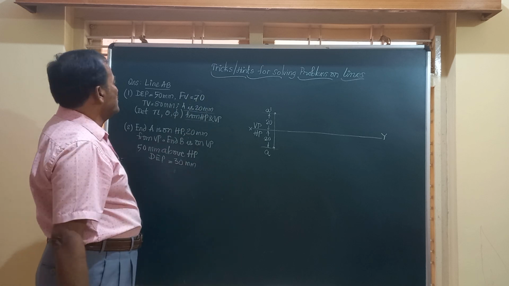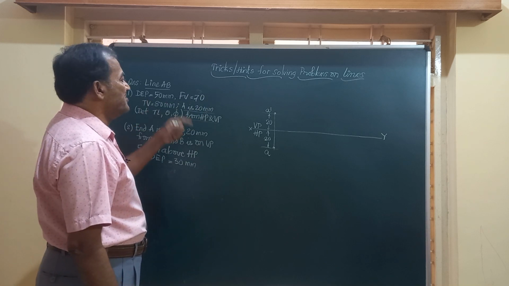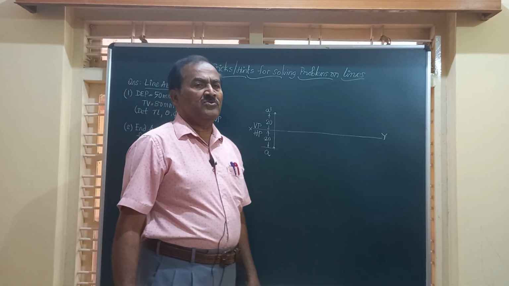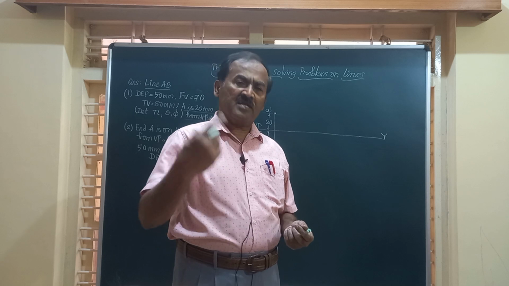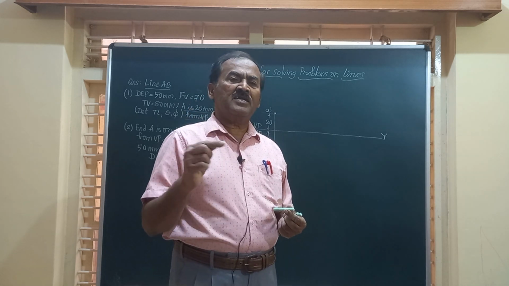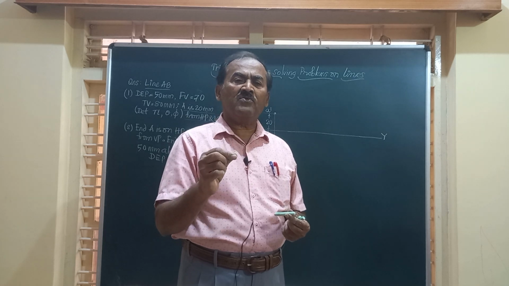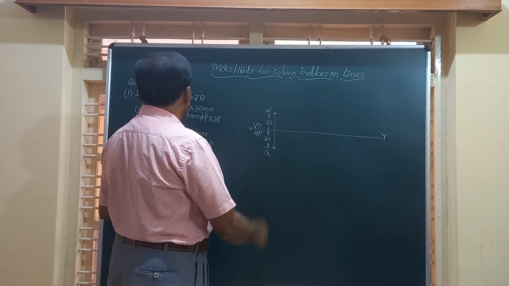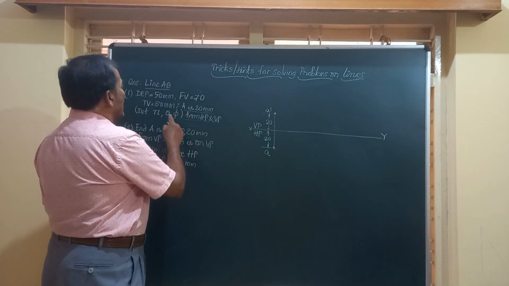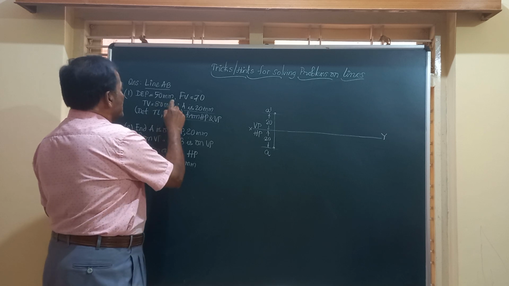DEP is equal to 50 millimeter, the distance between end projectors. You know, friends, an end projector is an imaginary line that is connecting the front view and top view of a point. So here A dash represents one of the end points, and the other end B dash, B is at a distance of 50.